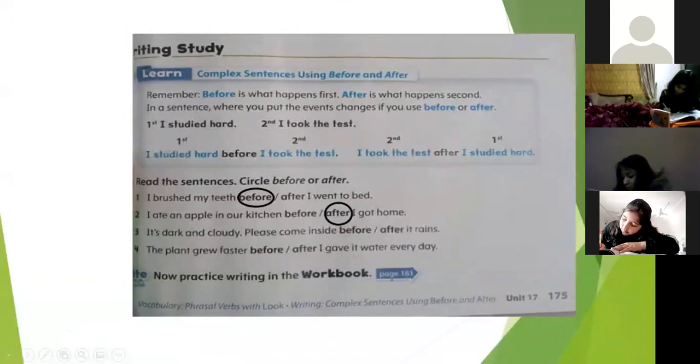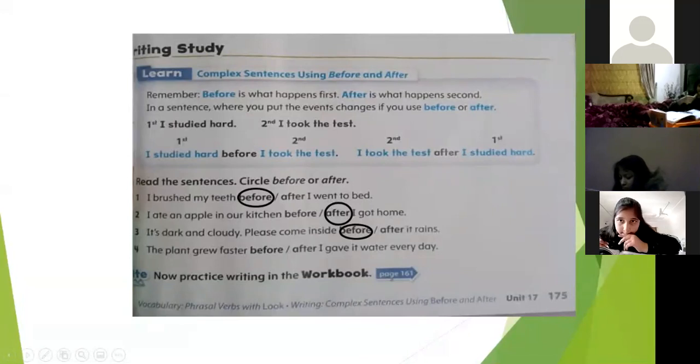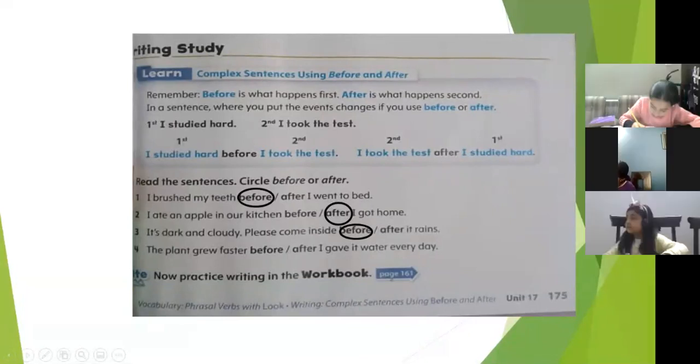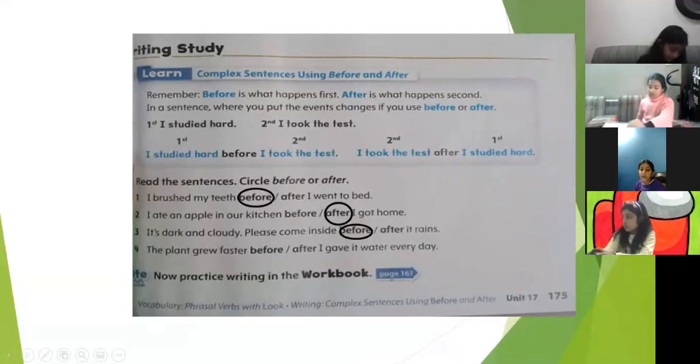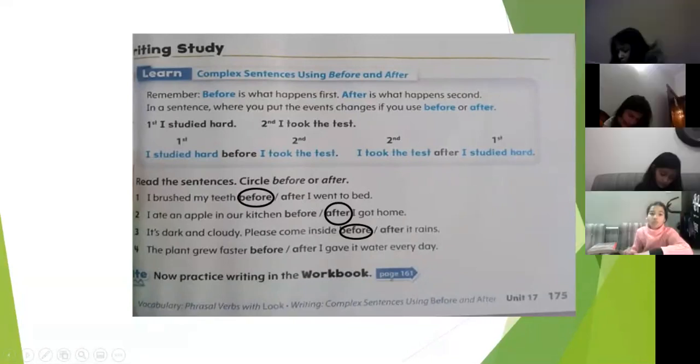It's dark and cloudy. Please come inside before it rains. Okay. The plant grew faster before I gave it water every day or after I gave it water every day. Who will tell me? Yes, Nurulan. The plant grew faster before I gave it water every day.